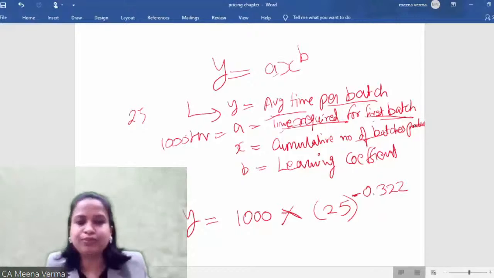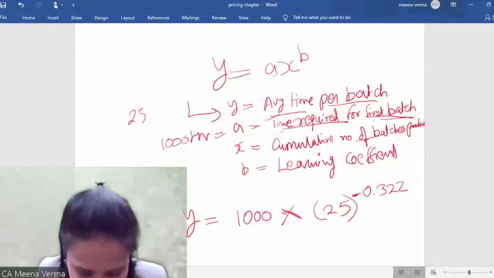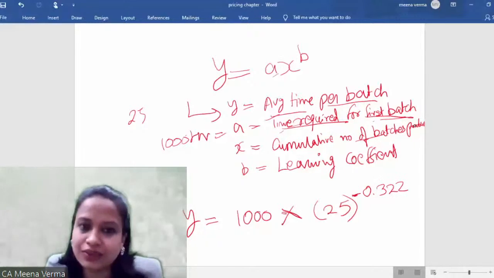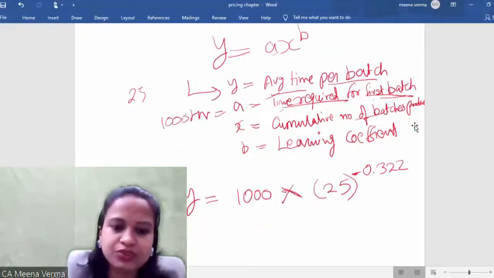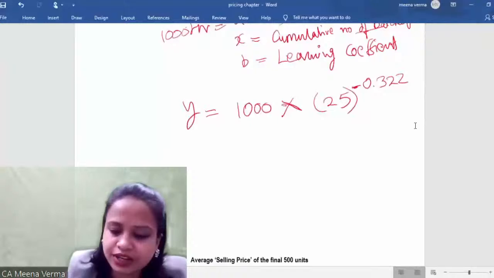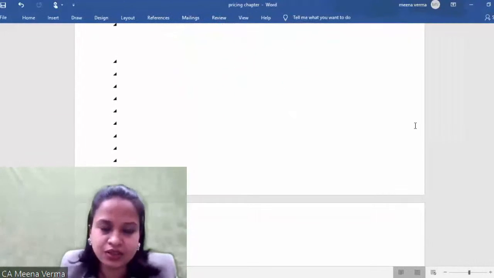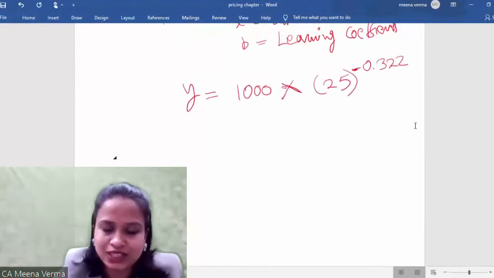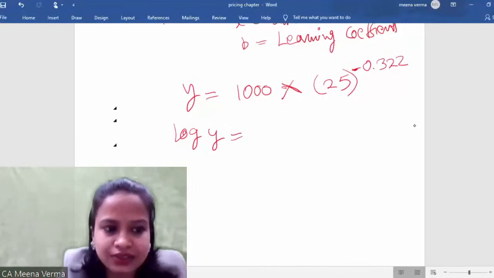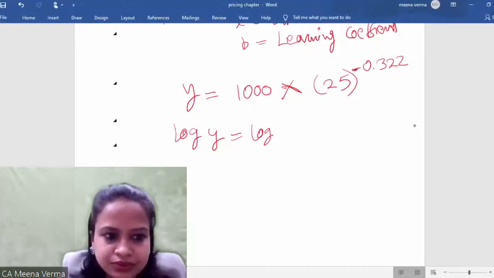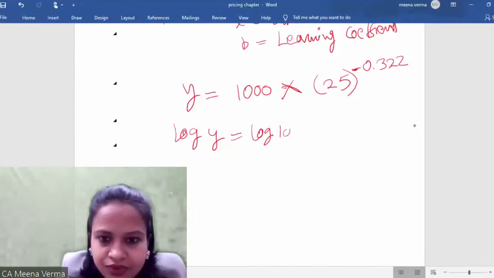Apply the logarithm and anti-logarithm, and find the value. I hope you know logarithm and anti-logarithm. You have learned this concept in your math subject, so I'm not going to teach you that. We will apply log on both sides and then find the value.